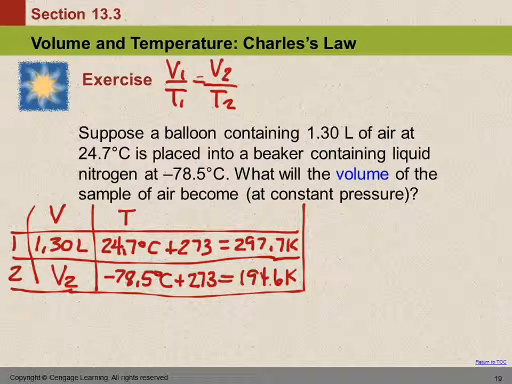So what are we going to rearrange this equation and solve for? Multiply the top and bottom by T. Yeah, we are going to multiply. But let's first identify what letter we are trying to separate. Oh, V2. So we're trying to get V2.